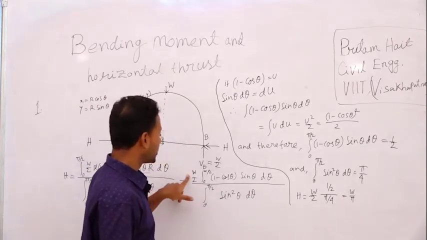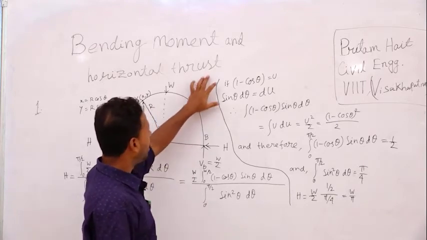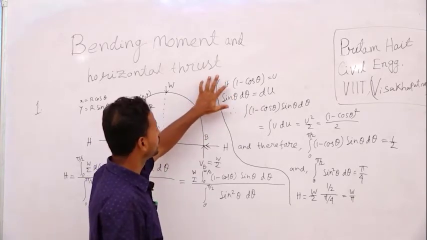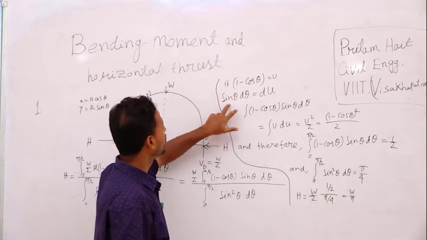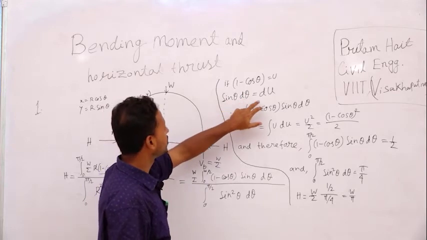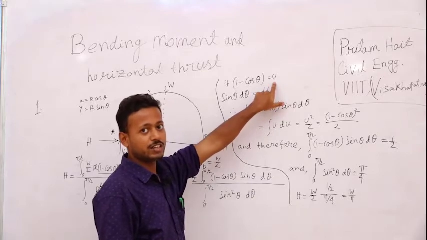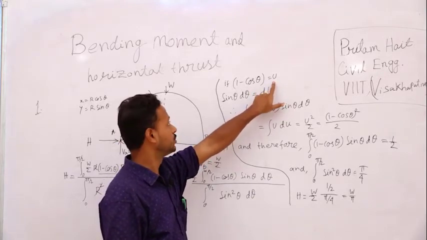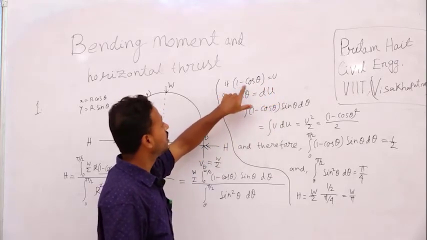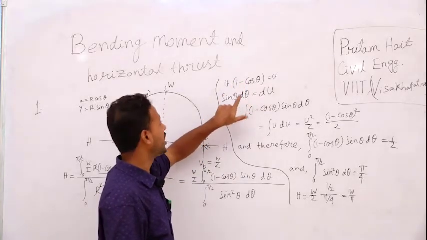So we will find out the value of the numerator and denominator. I am assuming that 1 minus cos theta equals u. If you differentiate this function with respect to theta, you get du d theta, and the derivative of 1 is 0, the derivative of cos theta is minus sin theta, multiplied by minus, we will have sin theta.